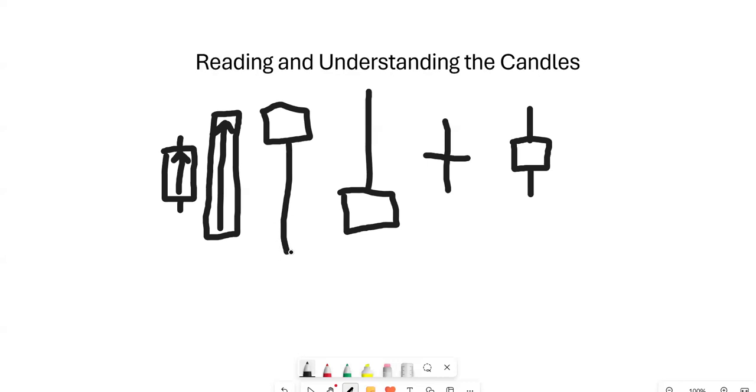And then what happened? They got exhausted, selling pressure ran out, and then boom, here come the buyers. The buyers came in, this candle closed it. Now, this is a sign of a bullish reversal. This usually comes in an area where price is reversing, a bullish reversal.